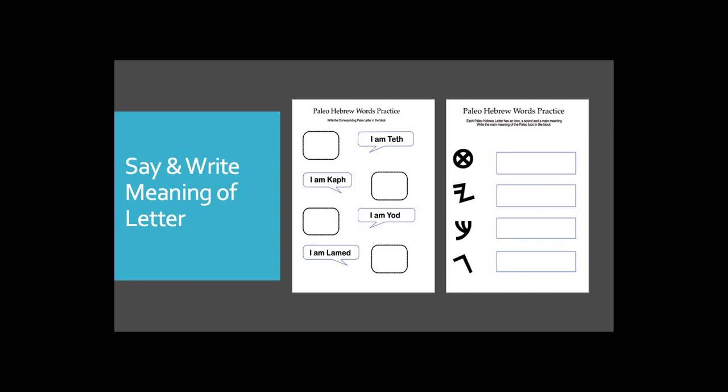Now, each letter has a main meaning, and we want to identify the main meaning for each word in the block on page 65. So when you think about tet, what is the main meaning for that letter? Then we have yod.